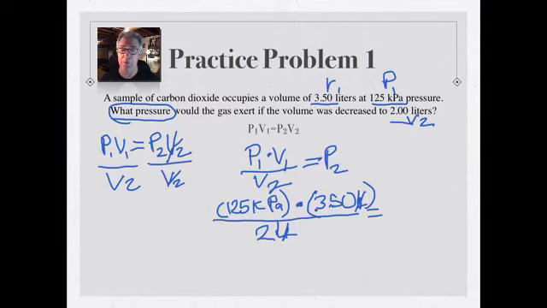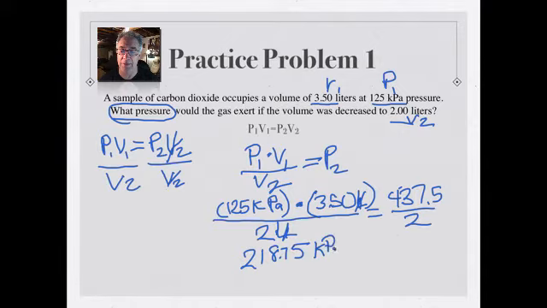If we multiply these two together, 125 times 3.5 equals 437.5. Divided by 2, we get 218.75 kilopascals.